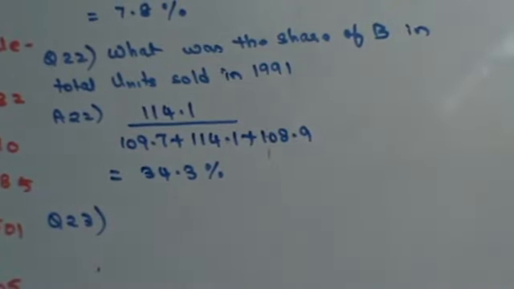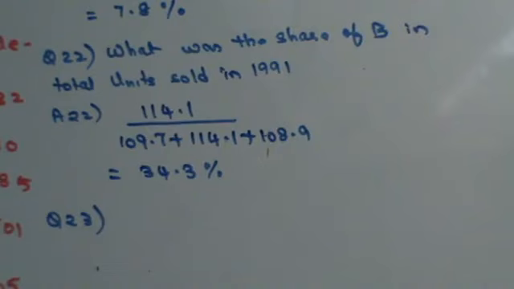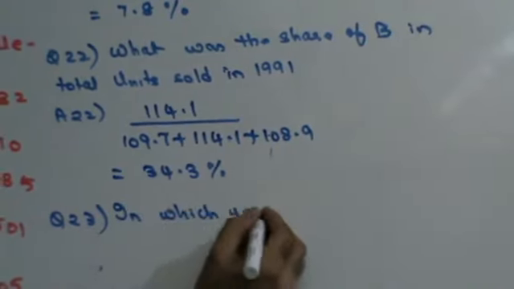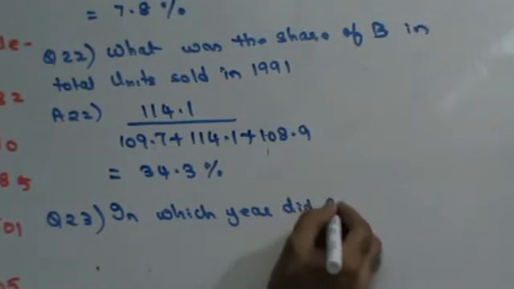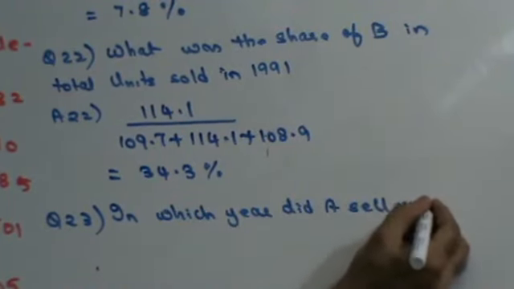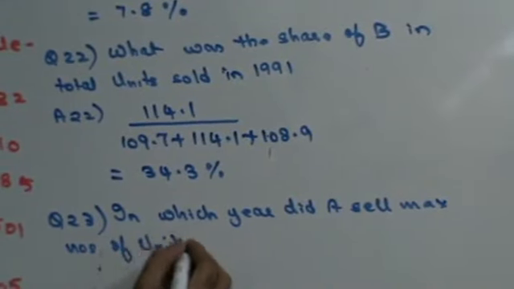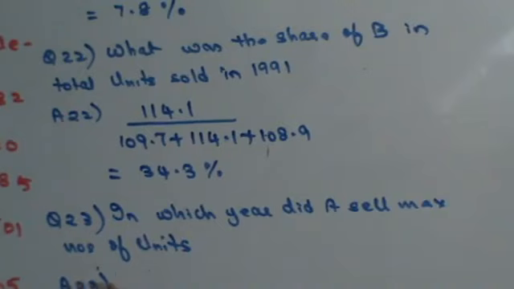Next, in which year did A sell maximum number of units?